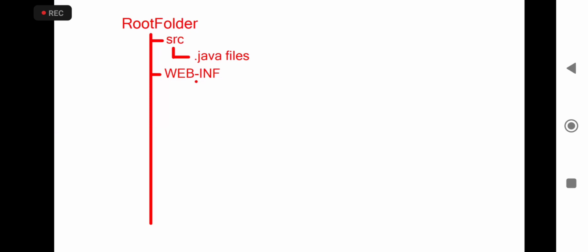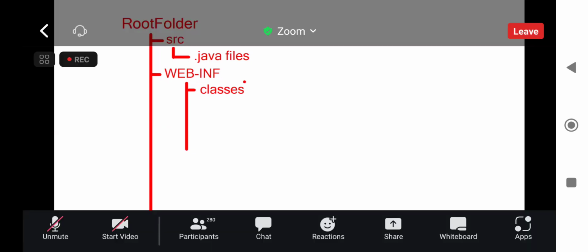That is the specification, rules and guidelines. In this, the classes folder should be classes only, in small letters only. These are rules and guidelines you must follow. Otherwise, the server cannot understand.